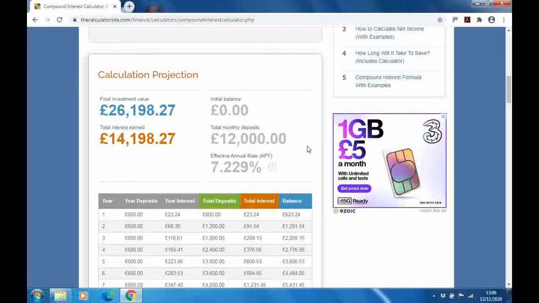So we would be paying £12,000 over 20 years at £50 a month, and our final investment could possibly be £26,198.27. Total interest earned over those 20 years is £14,198.27.